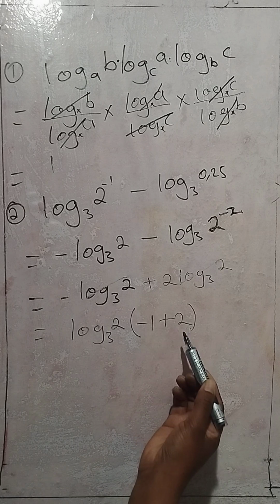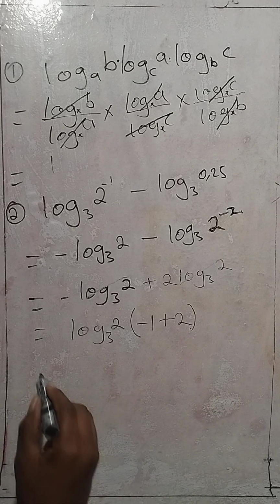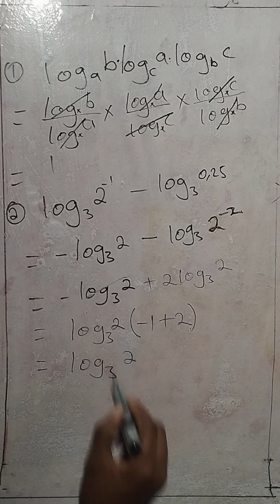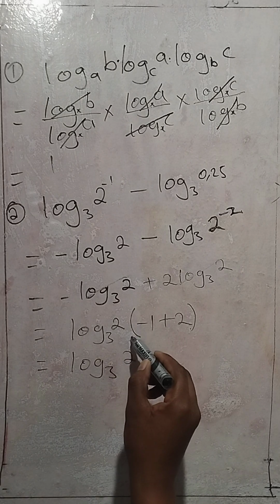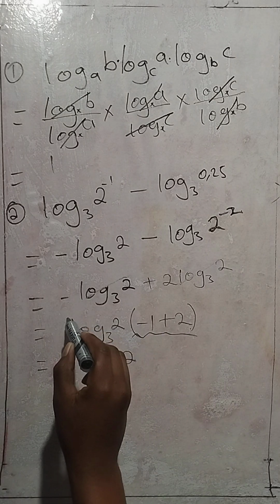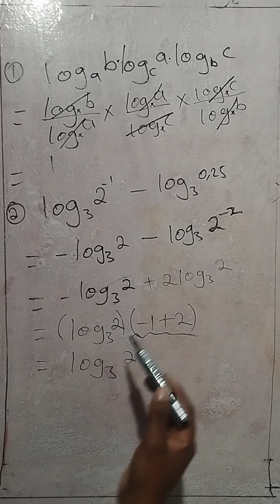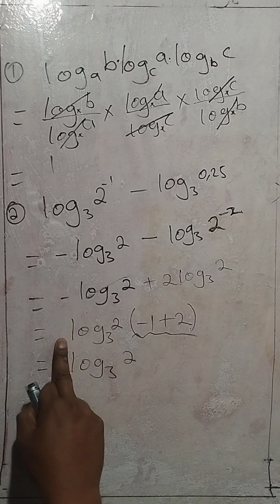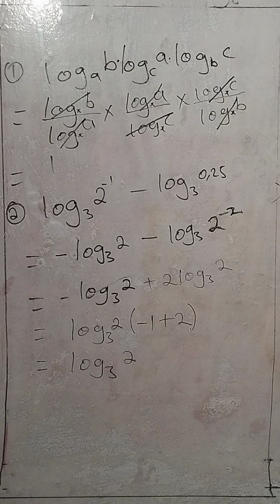Negative 1 plus 2 is 1. Anything multiplied by 1 is the same thing, so it will be log of base 3 of 2. Just like that. Don't be confused: the coefficient multiplies the whole log, not just the 2 or the 3. This is how you need to simplify any form of logarithmic expression.